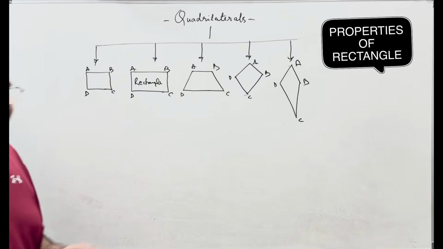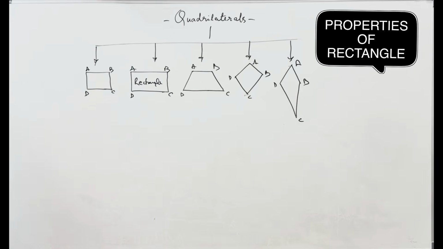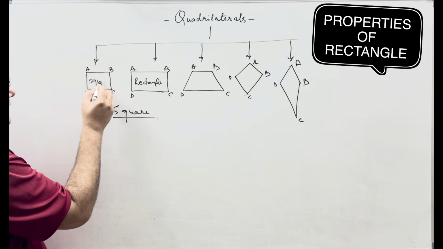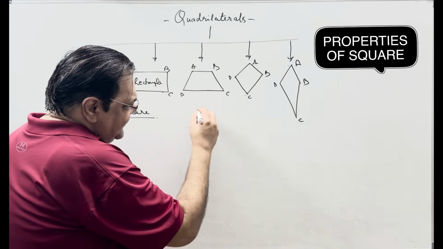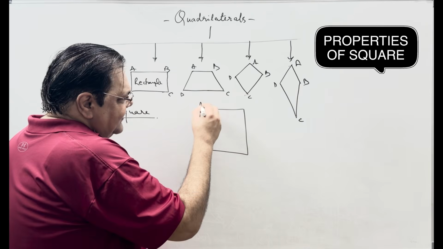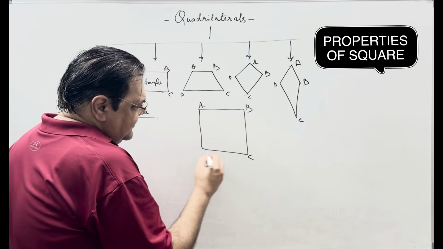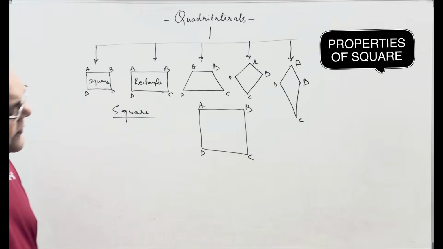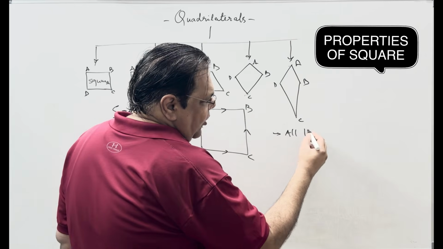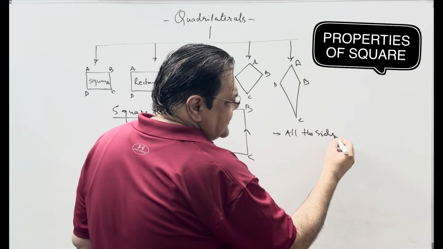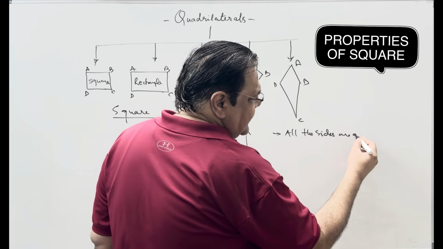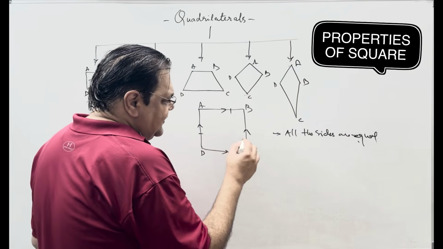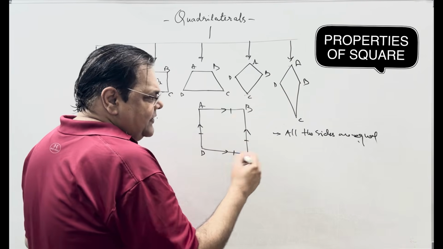One of the quadrilaterals is called a rectangle. Let's say this is a square, with vertices A, B, C, D. In a square, all the sides are equal: AB equal to BC, and so on.